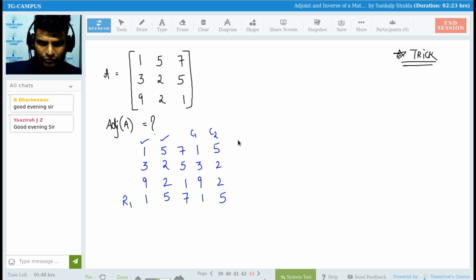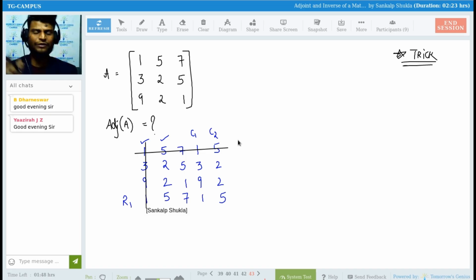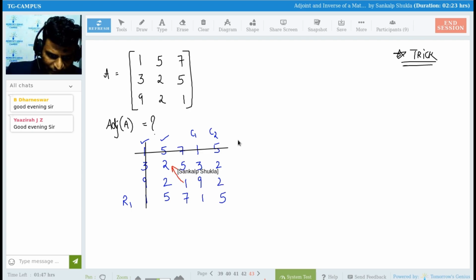Now what you have to do is eliminate the first row and the first column simply. Now just multiply this and this and take the difference. So this is 1 into 2, that is 2, minus 2 into 5, that is 10. So 2 minus 10 is minus 8, and I'll write minus 8 over here.